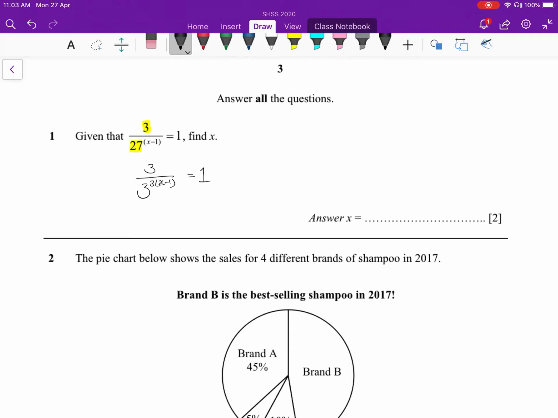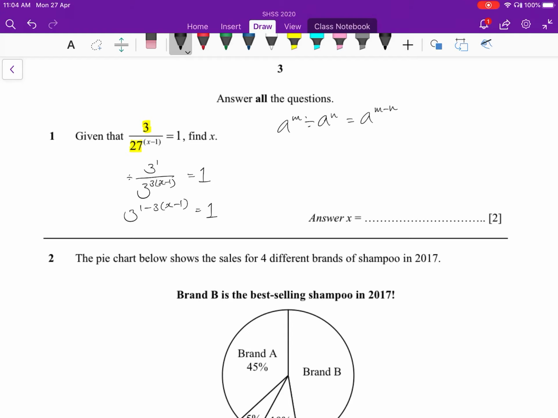And 3 is actually 3 to the power of 1. If I were to expand, actually I don't need to expand. If I were to simplify this, if you remember, a to the power of m divided by a to the power of n is equal to a to the power of m minus n. So this fraction is a divide. So it becomes 3 to the power of 1 minus 3 bracket x minus 1 equals 1.